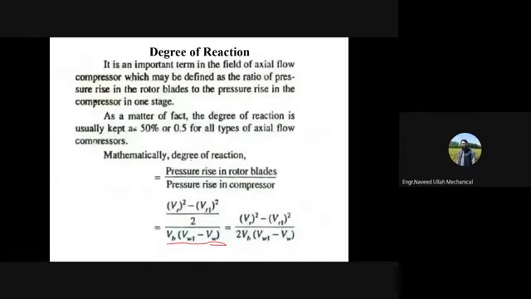So from the geometry of the figure we find that we are interested basically in these things. We need to find out all these things, right? VR1, VB, VW1 and VW. We are interested in this. In order to put them over here, we can find out the degree of reaction for a particular compressor, okay.